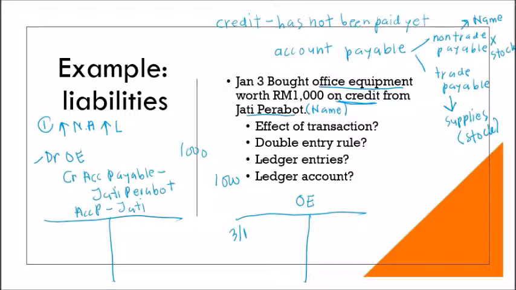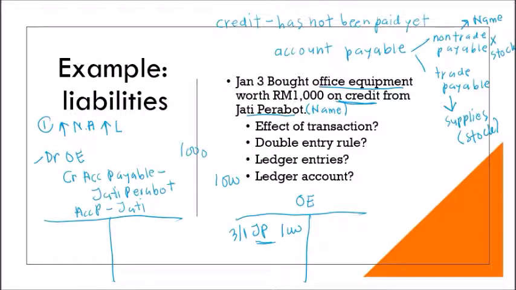Office equipment is in debit, so you have here 3 Jan. What is the contra account? Jati Perabot, amounting to 1,000. So you can see office equipment, which is an asset, increases from buying from Jati Perabot.